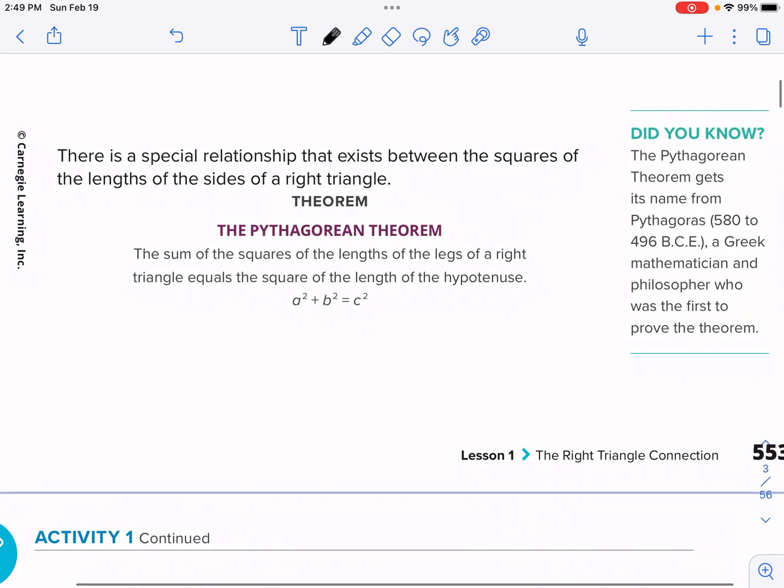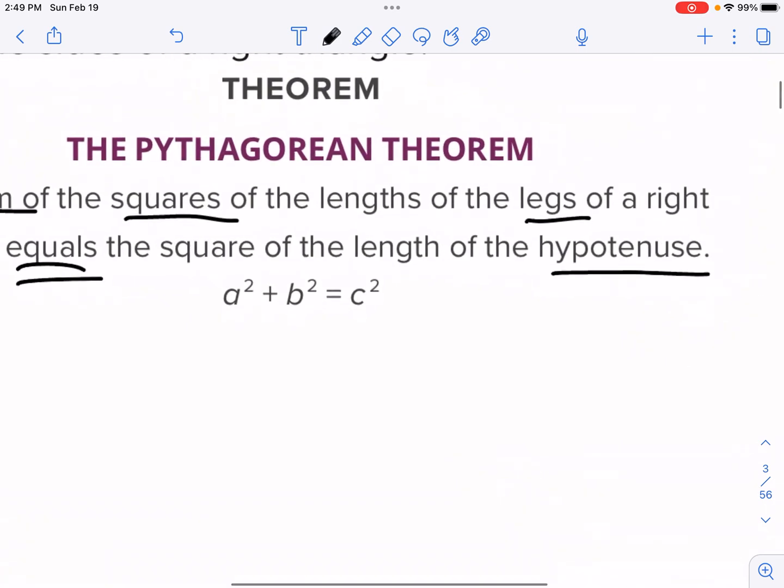So it says here the sum of the squares of the lengths of the legs of a right triangle equals the square of the length of the hypotenuse. We're also going to look at this visually later. So the way that we'd read this, the two legs here are A and B, and the hypotenuse is C. So the formula that we would typically use is A squared plus B squared is equal to C squared.